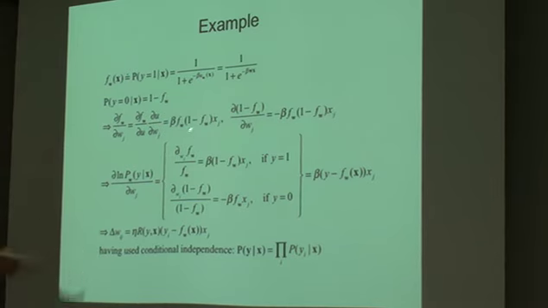We already have the derivative here, you just have to divide by the function itself, so you get this if the output was 1, and this if the output was 0, and you can write the whole thing with a single expression, which is this one. Because if y is 1, then you have 1 minus f, this is 0, you just have minus f.